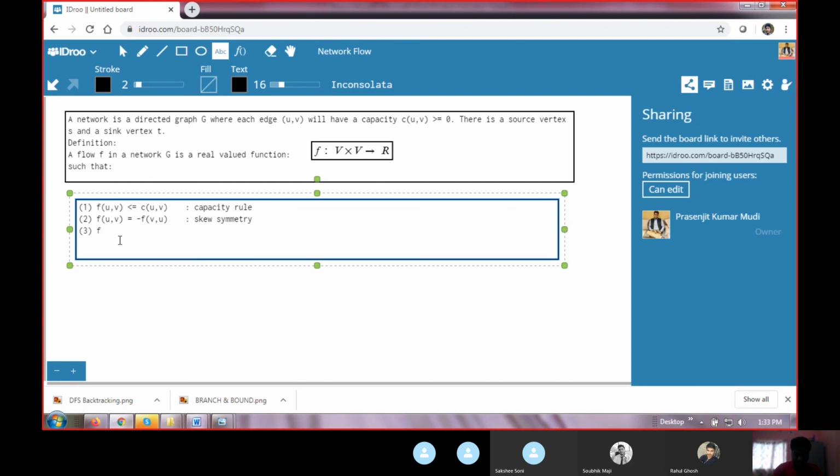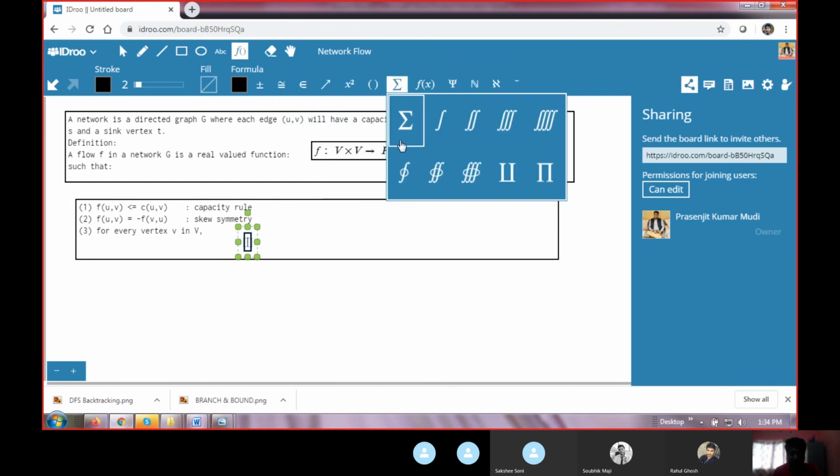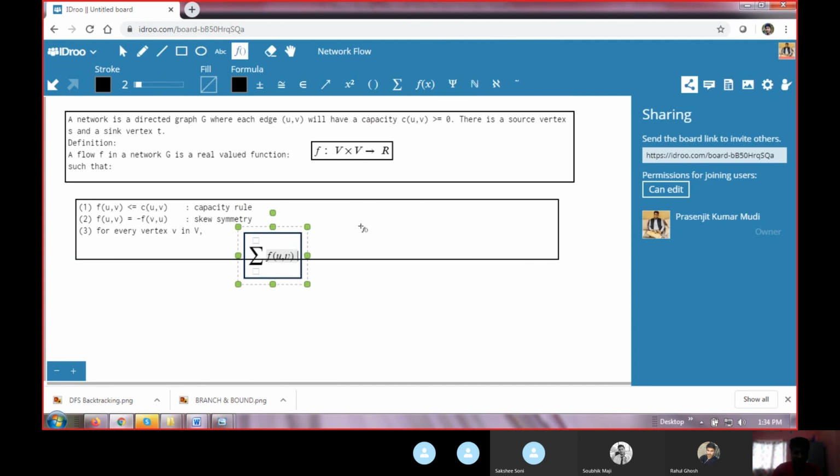The third rule is, for every vertex v belonging to capital V, we must satisfy this: the sum of f of u comma v is equal to the sum of f of v comma w, where the intermediate vertex is v.